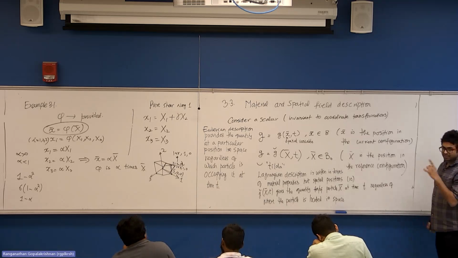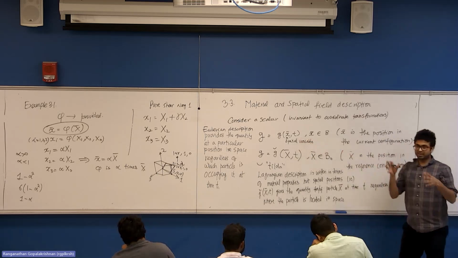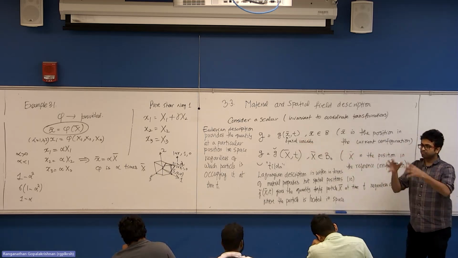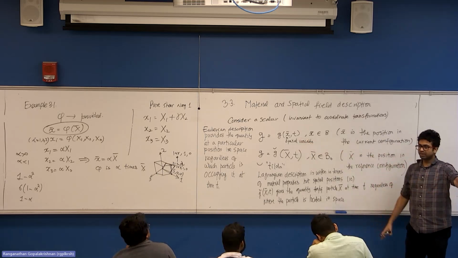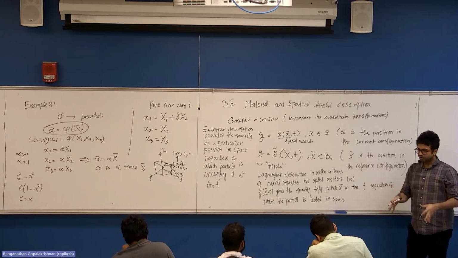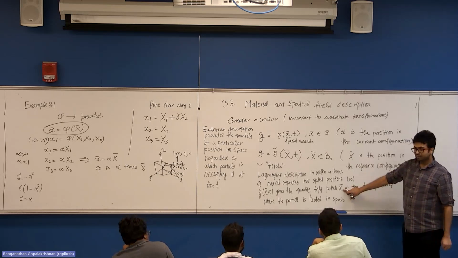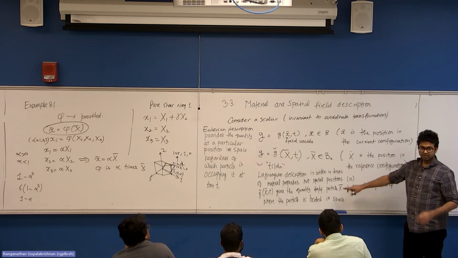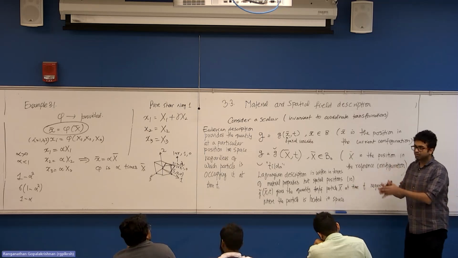So x, lowercase x, is the address of a spatial location. It's the ES308, the address for this room. X here is the position of a certain particle.